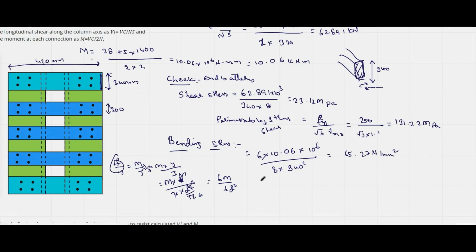Now let us see what is the permissible bending stress here. This was in case of shear, and this is in case of bending: Fy by gamma m naught. Direct stress 250 by 1.1, which is across 227.27 megapascal. Hence, end battens are safe.